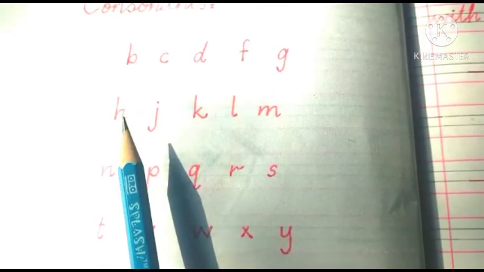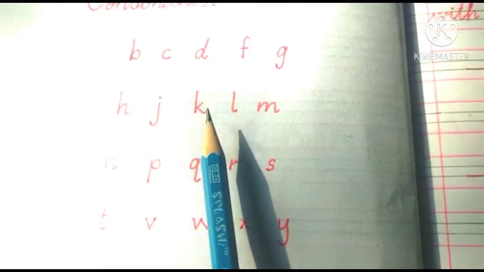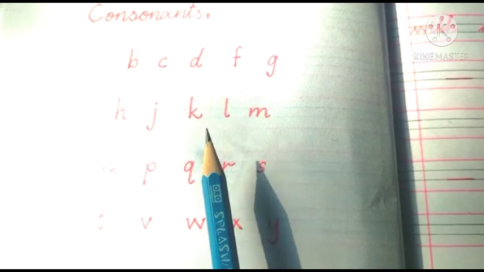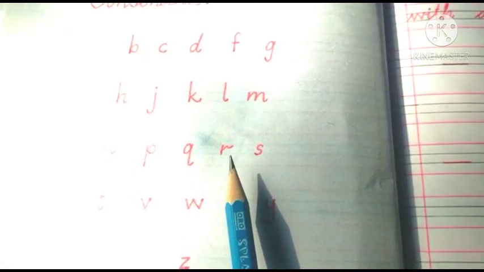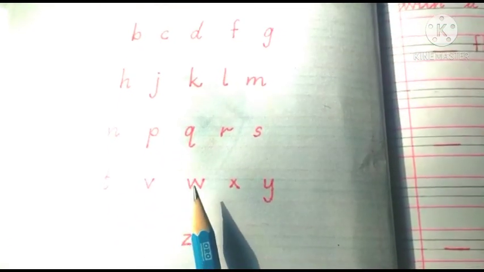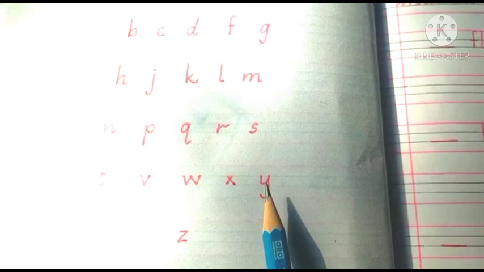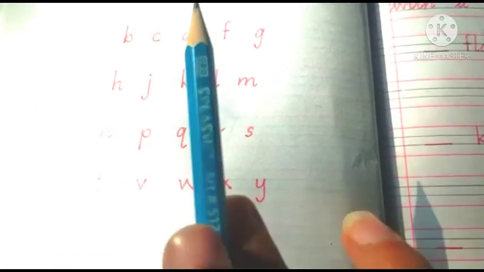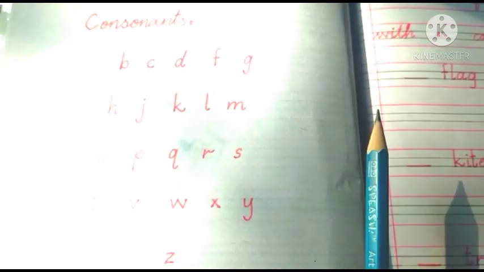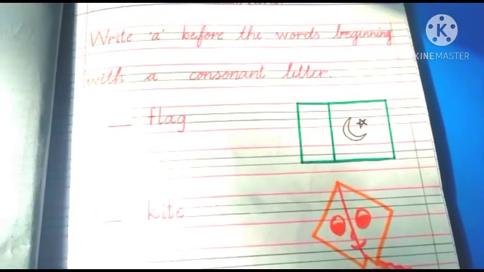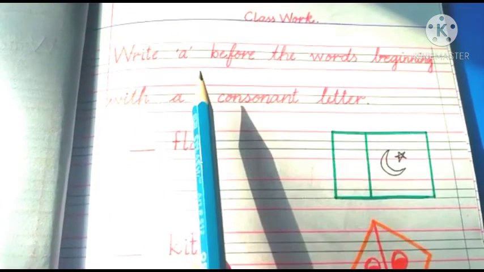B, C, D, F, G, H, J, K, L, M, N, P, Q, R, S, T, V, W, X, Y and Z. These are all out of 26 alphabets. We have 21 consonants. And remaining 5 are vowels, A, E, I, O, U.